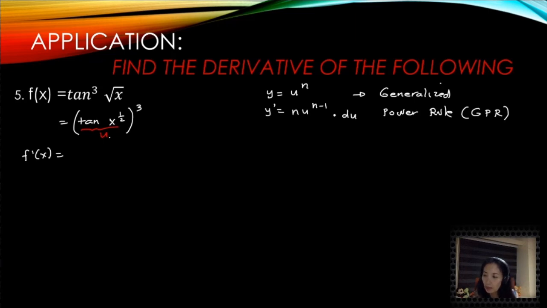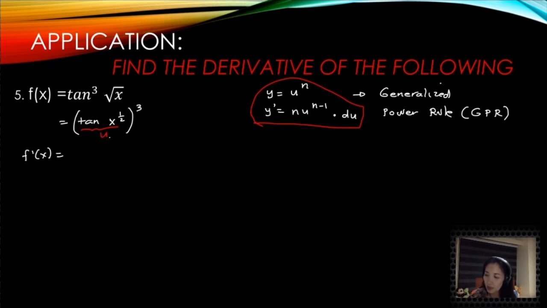This is your generalized power rule. If y could be expressed as u raised to n, where u is a differentiable function in x, then y prime is equal to n u raised to n minus 1 times du. So let's apply that here.